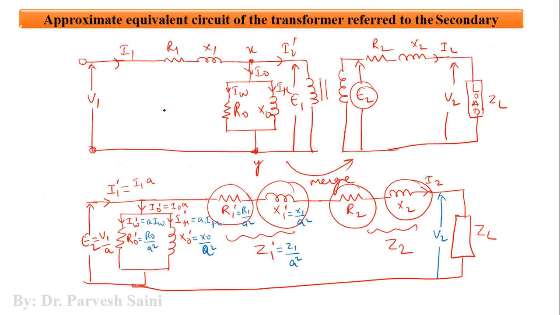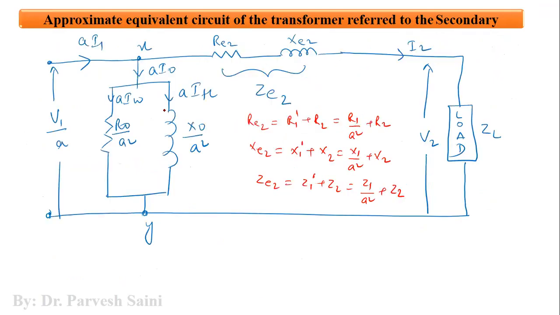This is what we call the approximate equivalent circuit of transformer referred to the secondary. Now, why have we done this? Because this will make our calculation and analysis easy and convenient for transformers. So this was all about today's class, and thank you so much.